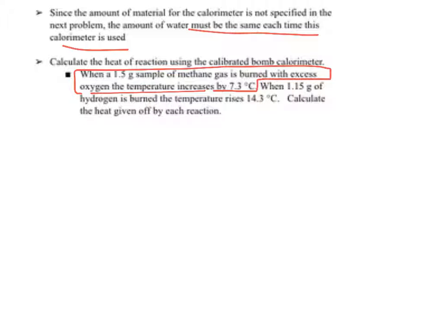So if I want to know the heat of reaction, and that's going to be delta H reaction, I need to know the heat capacity of my calorimeter times its change in temperature plus my water and its change in temperature.